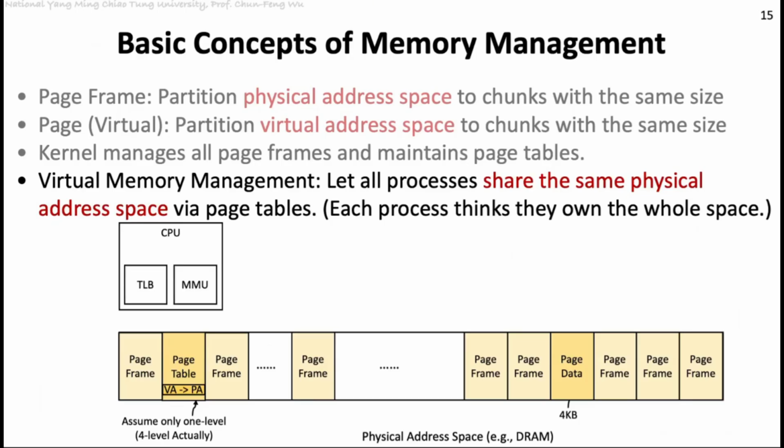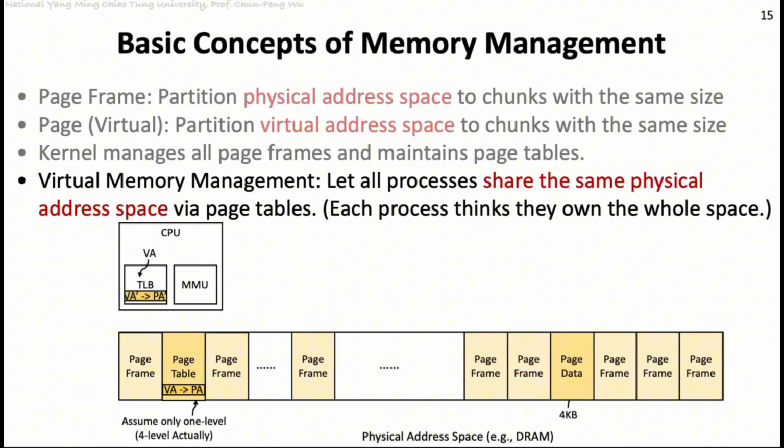So here is some basic knowledge that you need to know for the hardware part. Inside the CPU, there are two hardware components. One is called the TLB, the translation lookaside buffer, and the other is the MMU. When the CPU is going to get data from memory, it needs to know the physical address of the memory, right?